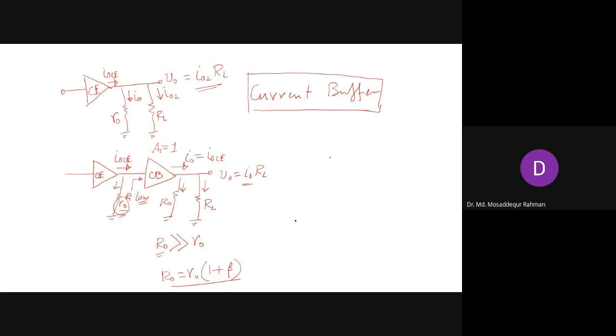So we have this common emitter, and then we have this, and this.